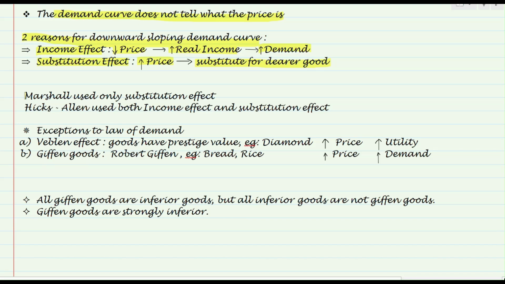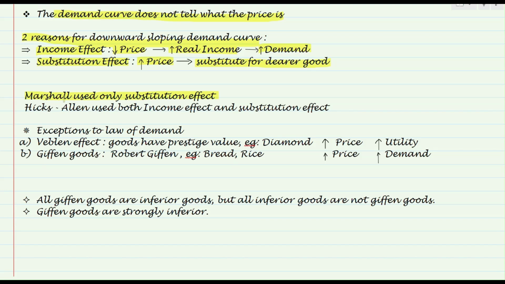Now this is important because it can be asked in exams, and it is really important for your foundational microeconomics knowledge. Marshall used only the substitution effect. When he gave his demand theory of uncompensated demand, we will look later in the videos at what uncompensated demand and compensated demand are, with both theory and the numerical part using the Lagrange method.